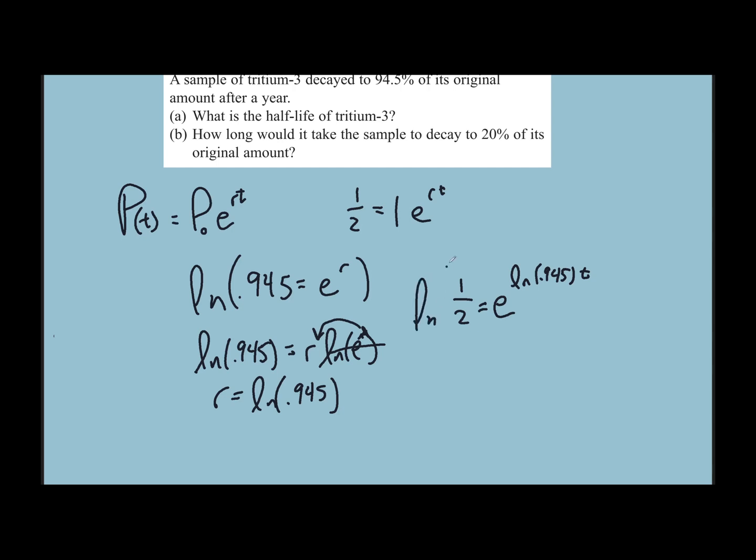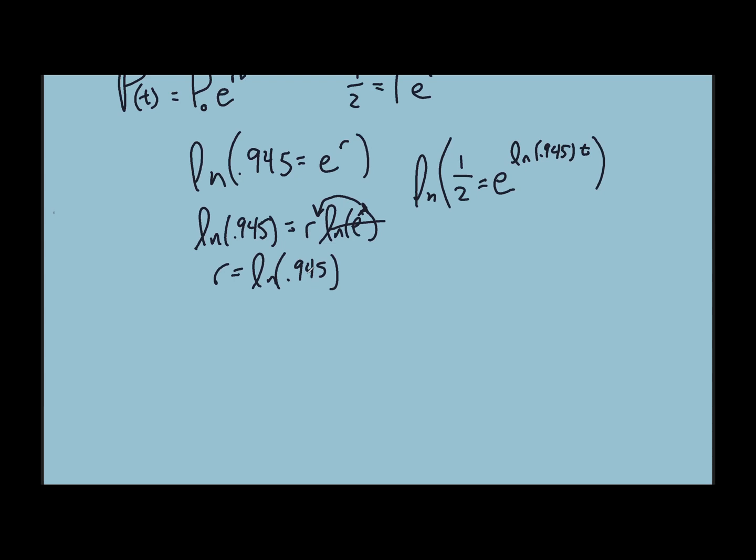If I take natural log of this, then we get ln of 1/2 equals ln of e to the ln 0.945 t. And that lets us bring this out.